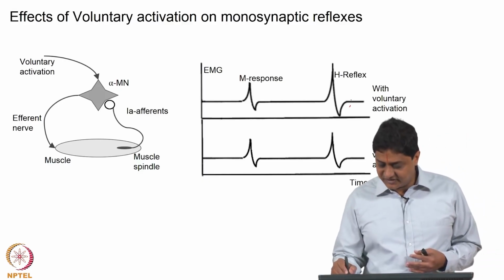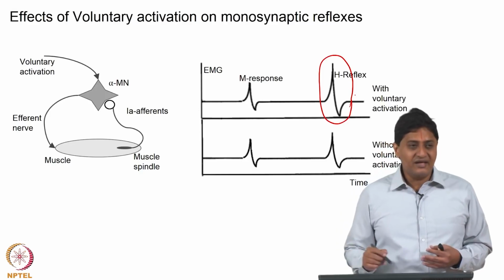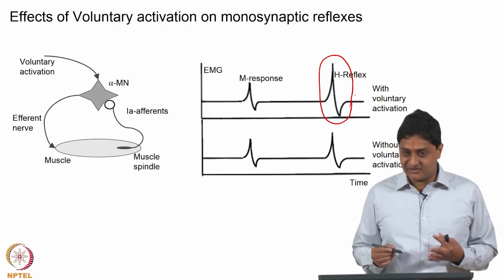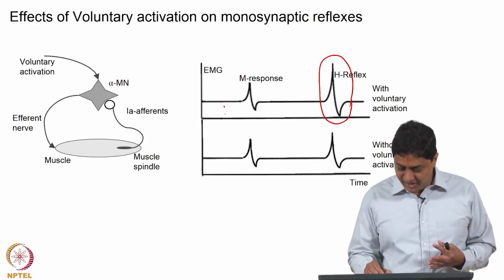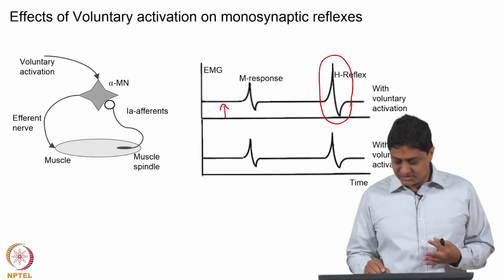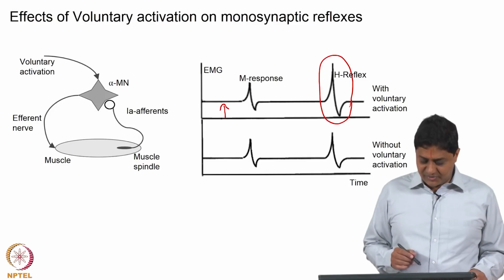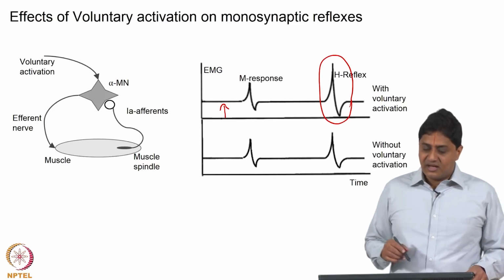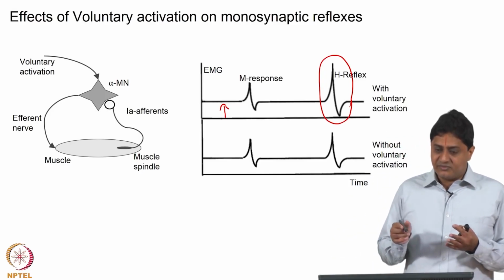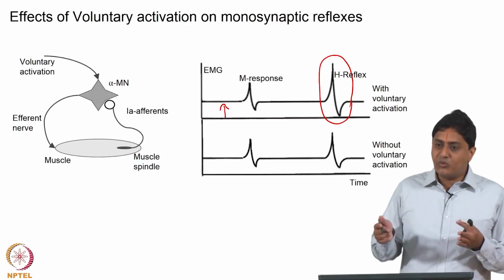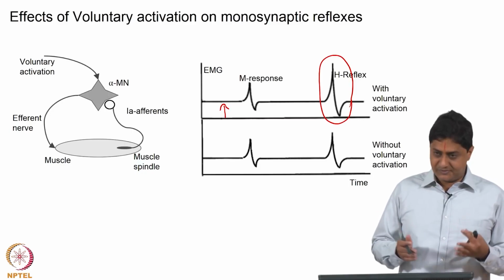So that muscle response is what is recorded here. This is the H reflex response. We said this is actually an EMG, muscle activity, and the stimulus is applied approximately here. So the stimulus is applied here, and I keep increasing the stimulus amplitude. As I keep increasing the stimulus amplitude, more and more 1A afferents start getting recruited.